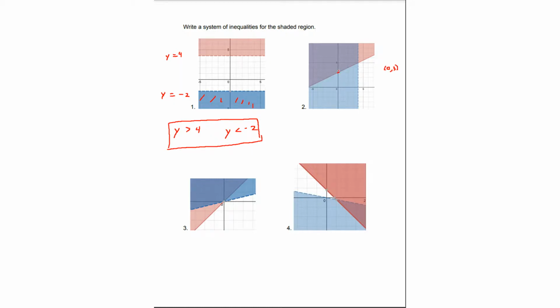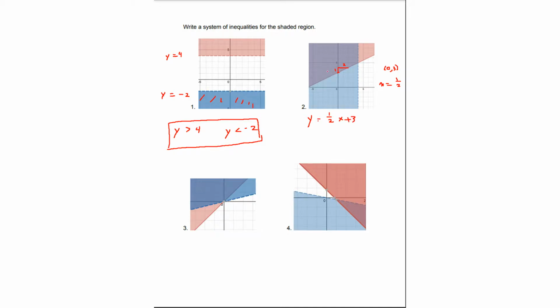And the slope, you could look at the rise over run. The slope is 1 over 2, right? So the equation is just going to be y equals 1/2 x plus 3.